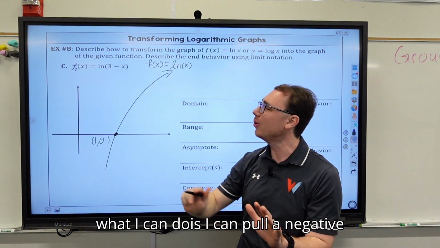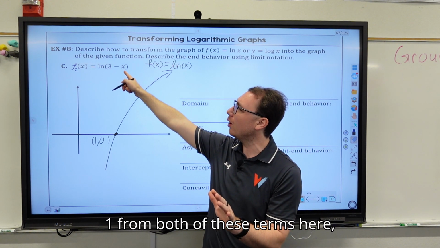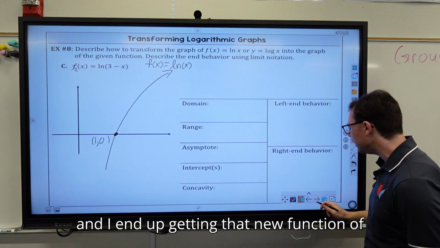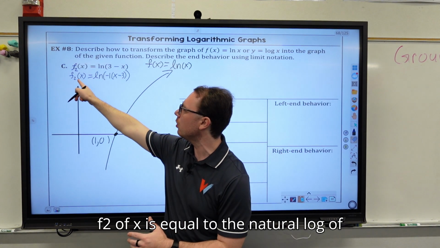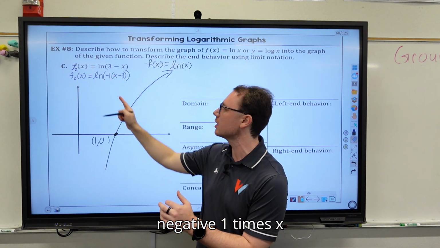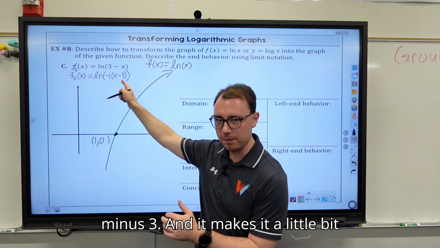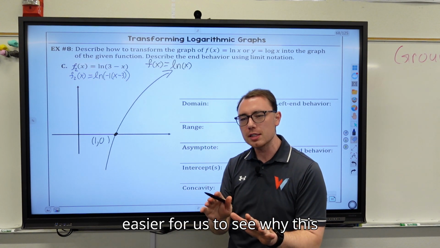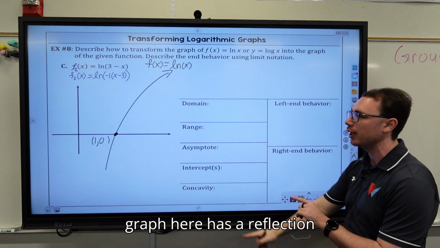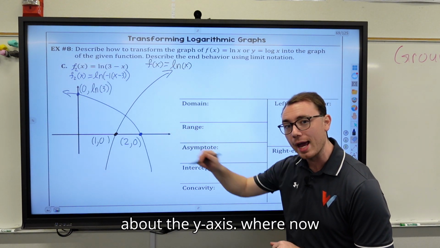So what I can do is pull a -1 from both of these terms, and I end up getting that the new function f2 of x is equal to the natural log of -1 times (x minus 3). And it makes it a little bit easier for us to see why this graph has a reflection about the y-axis.